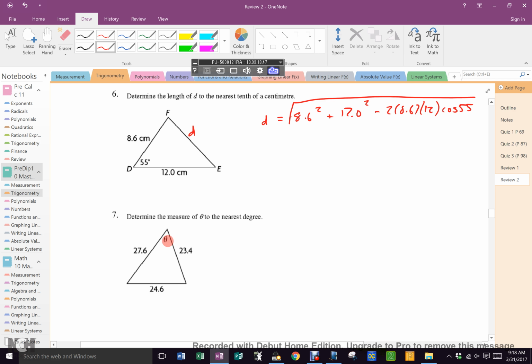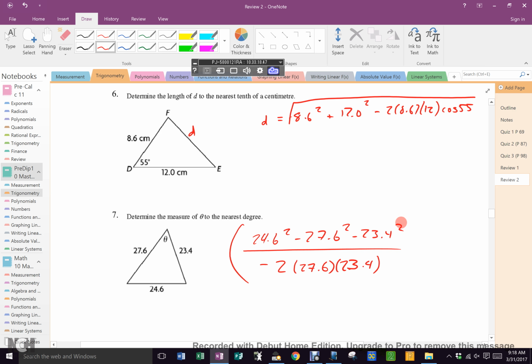Cosine law, but it's weird, right? 24.6 squared minus 27.6 squared minus 23.4 squared over negative 2 times 27.6 times 23.4. And what do you have to do to that whole thing when you get it? Shift cos.